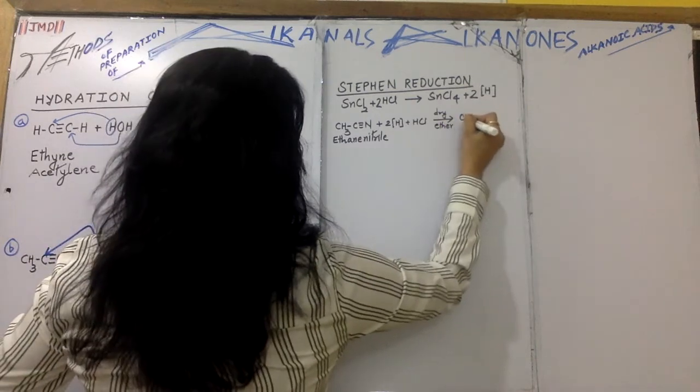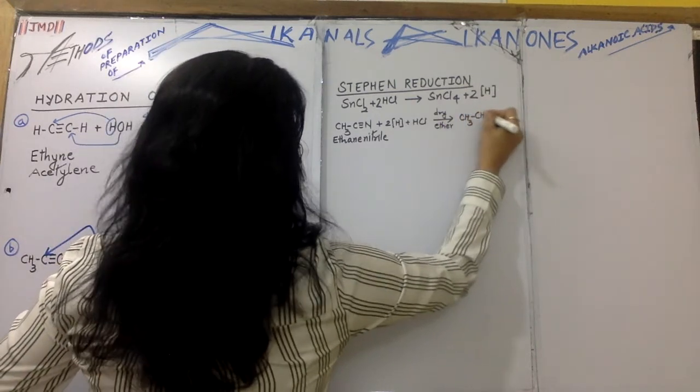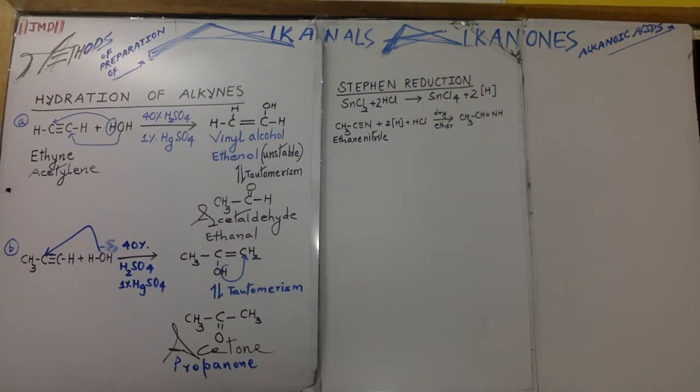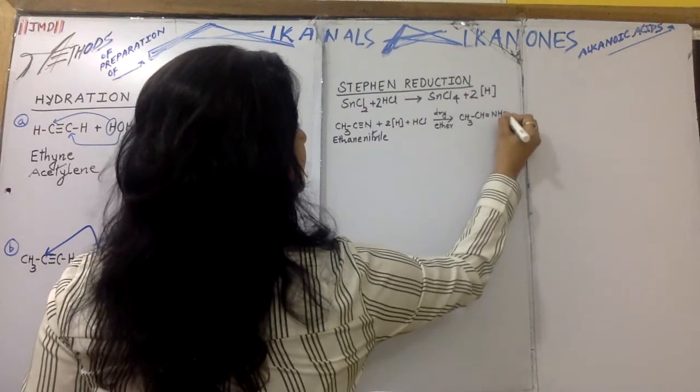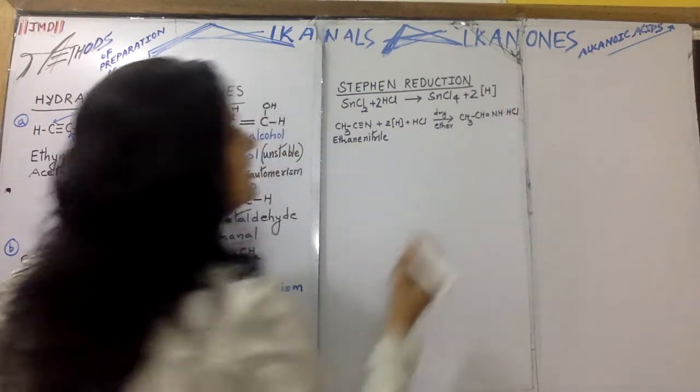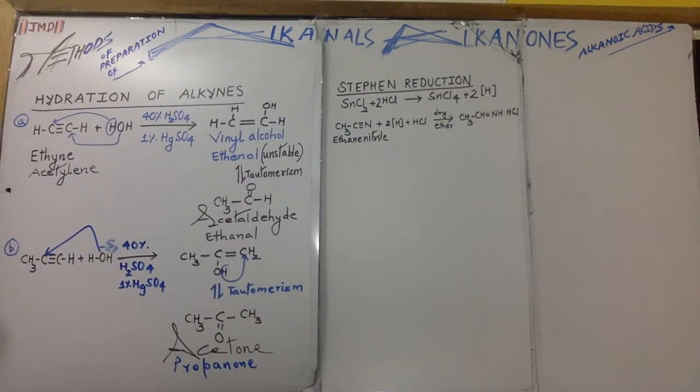So we get CH3CH double bond NH, with HCl as it is. That is what we get, acetaldehyde hydrochloride.